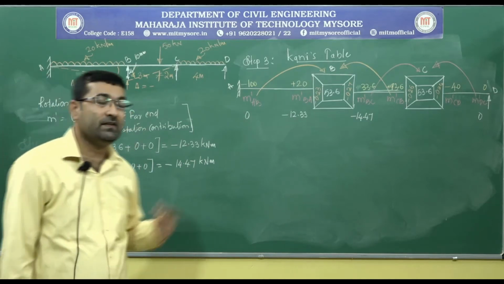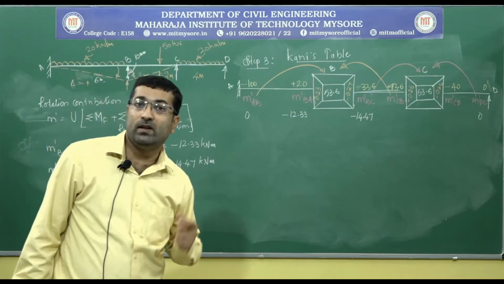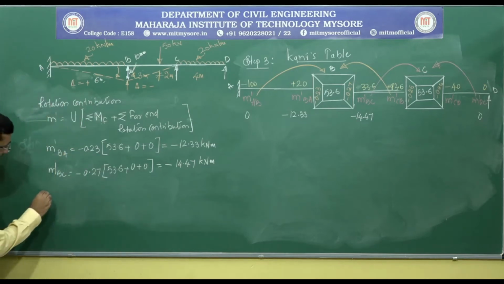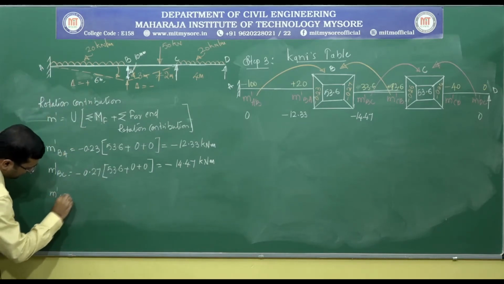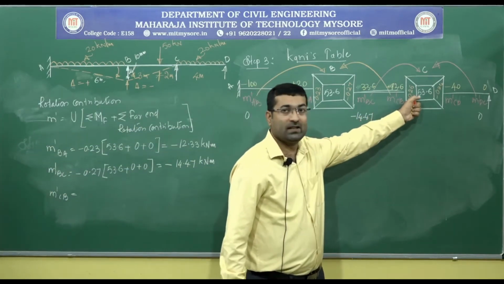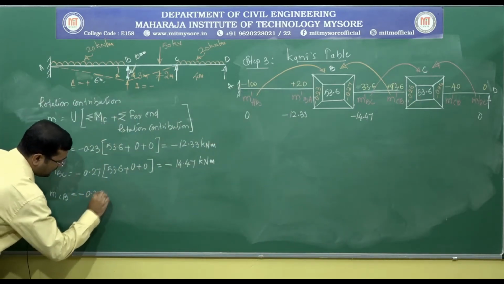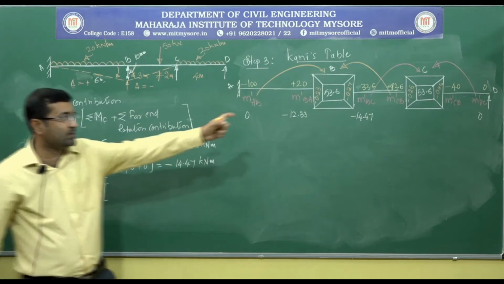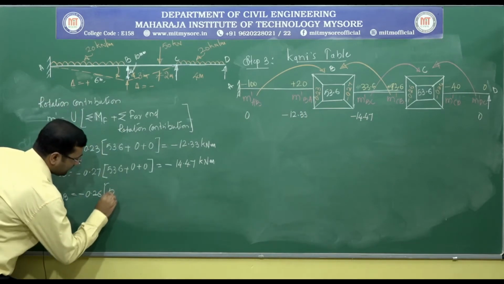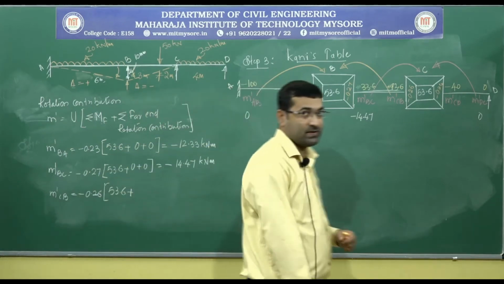Go to the next joint. For joint C, we need to again calculate the rotation contributions, that is M dash CB and M dash CD. M dash CB is equal to the rotation factor, minus 0.26, into the algebraic sum of fixed end moments, again 53.6 plus far end rotation contributions.